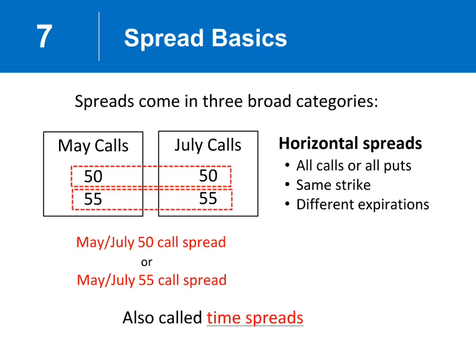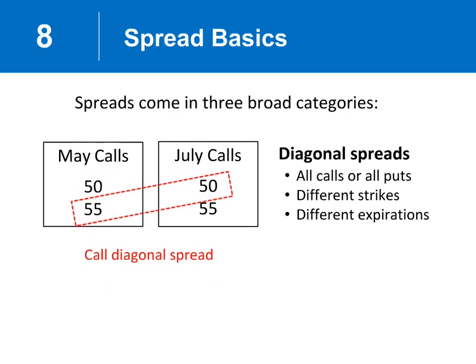That would be a couple of examples of the horizontal or time spread. And then lastly, we've got the diagonal spread. That can sometimes be confusing for investors, but it's the same situation where it's all calls or all puts, but different strikes and different expirations. So in our example here, we were long the July 50 call and short the July 55. That would be an example of the diagonal spread.